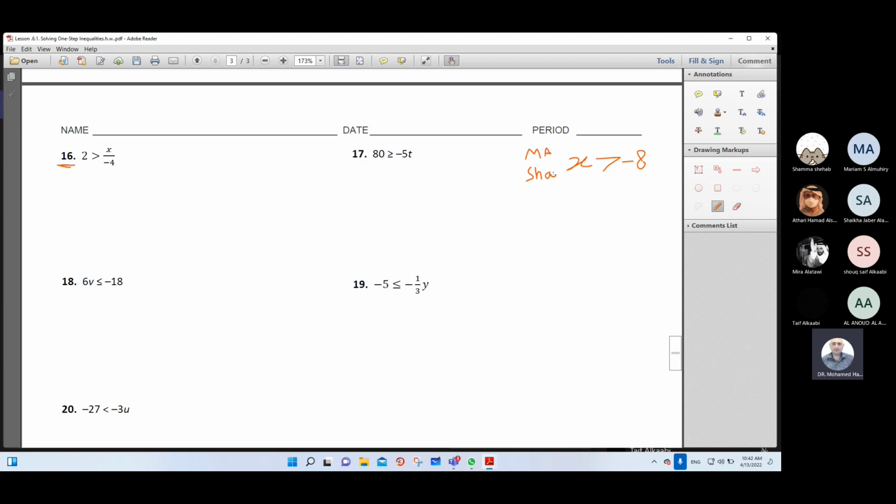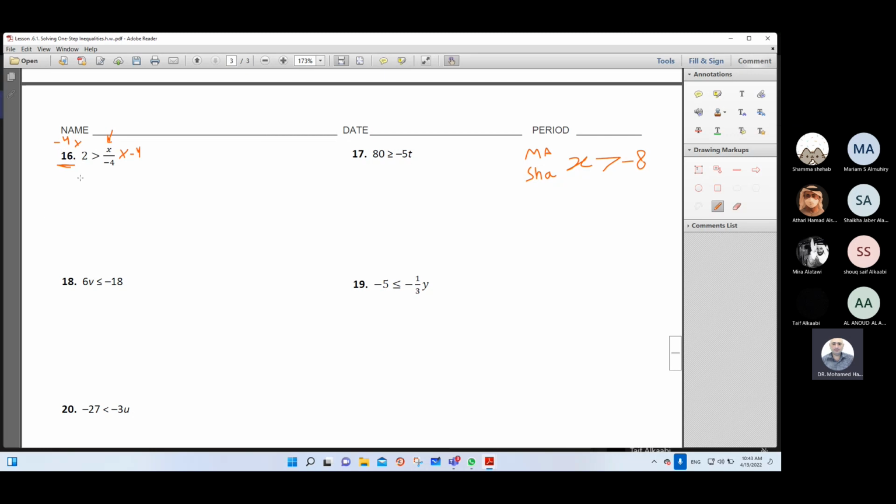Okay, check with me, please. As you see, this is the variable here. We want to keep the variable alone. So we want to remove this number from the denominator. How to remove this number? We can multiply by the same number. Multiply here by negative 4 and multiply here by negative 4.